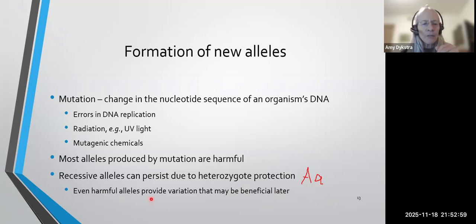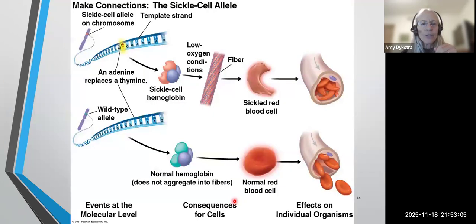And even these harmful alleles could provide a variation that may be beneficial later. And again, the sickle cell trait is a good example of this because individuals who have the sickle cell trait, in other words, they are heterozygous, they are better able to resist the malaria parasite, and so they're better able to survive malaria.